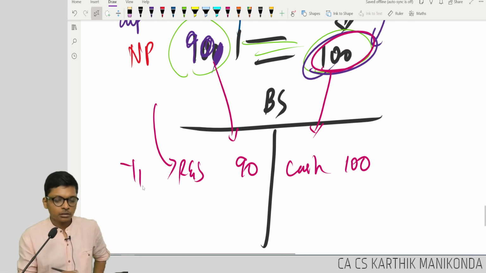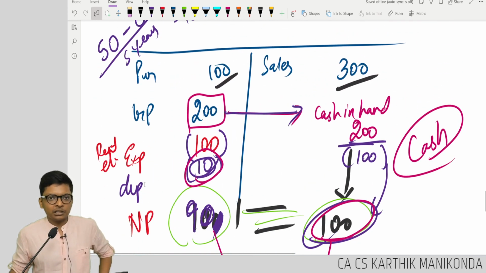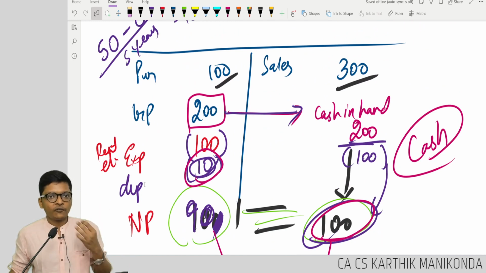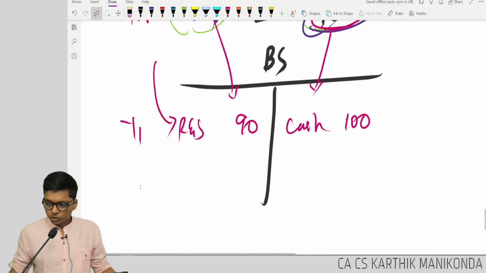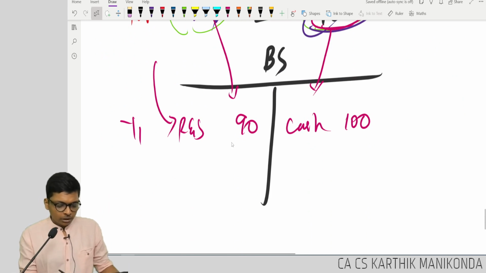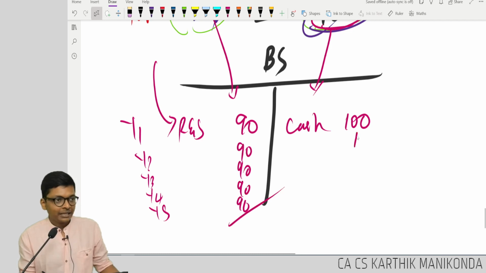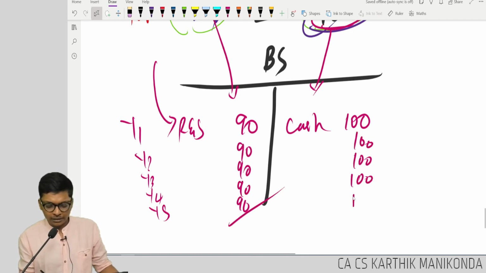Hypothetically, let's assume the same things repeated for year 2, 3, 4 and 5. So in that case, for year 2, year 3, year 4, year 5, I have 90, 90, 90, 90. Cash also 100, 100, 100, 100.